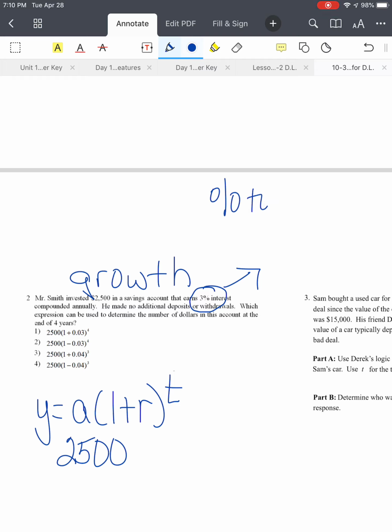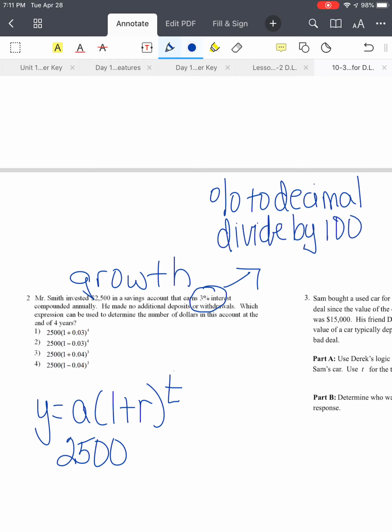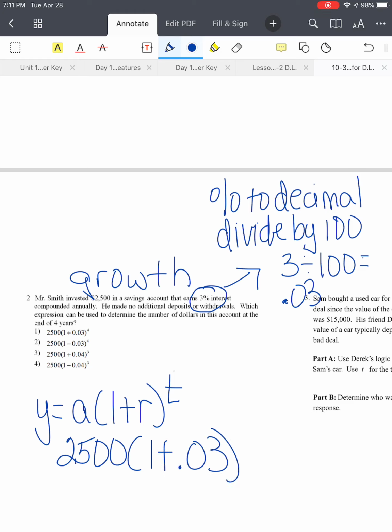So percent to a decimal, we divide by 100 or move the decimal over 2 places. So if you take that 3 in your calculator, divide it by 100, you're going to see that it is 0.03. 0.03 is 3% expressed as a decimal. So that's going to be 1 plus 0.03 to the t, and then they tell us that it's 4 years.